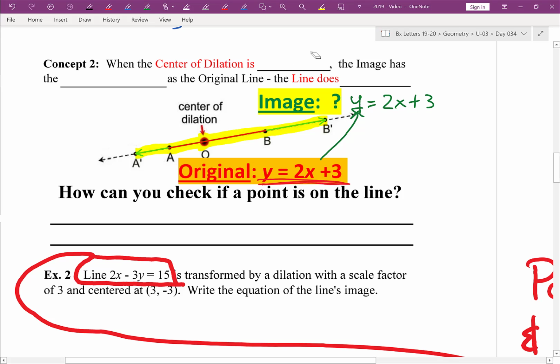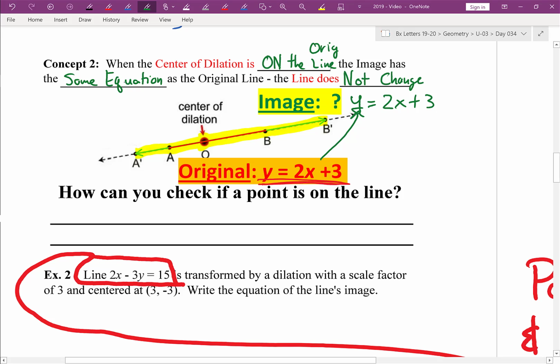When the center of dilation is on the original line, then the image has the same equation as the original line. The line does not change.